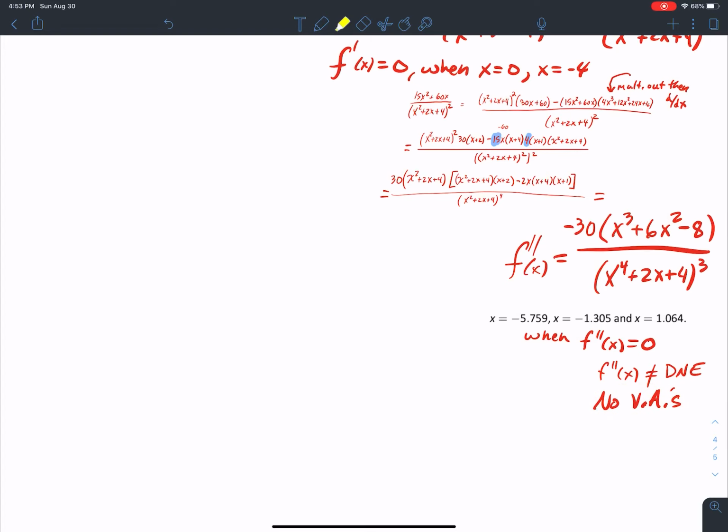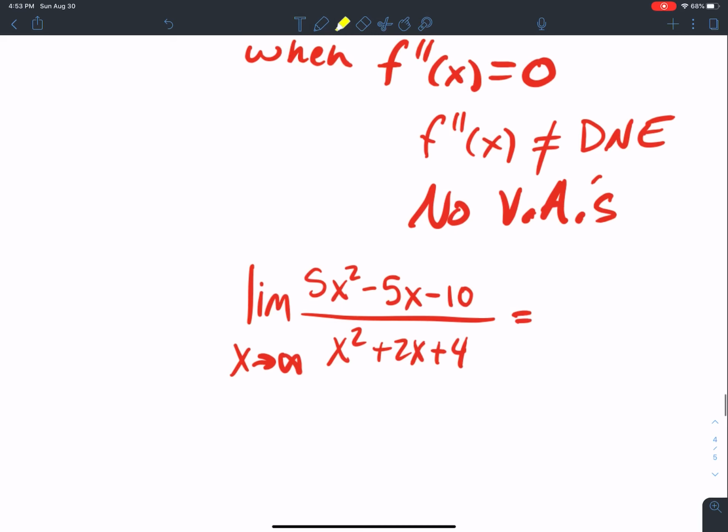Okay? Horizontal asymptotes I find by taking the limit. The limit as x goes to infinity. So, limits at infinity, I look at the highest degree term. It looks like they agree. They're both x squared. So I divide the coefficients. 5 divided by 1. It's an understood 1 there. And so that gets me 5. Now, plus or minus infinity doesn't matter here.